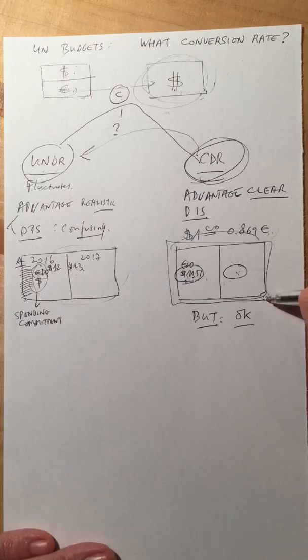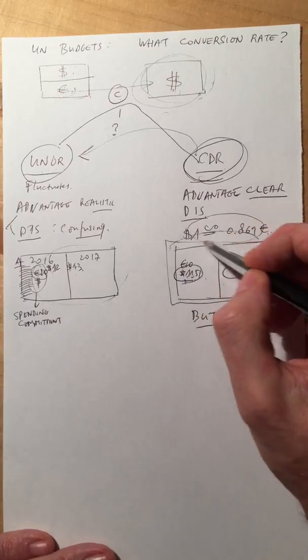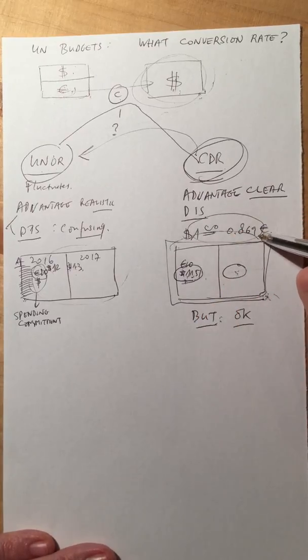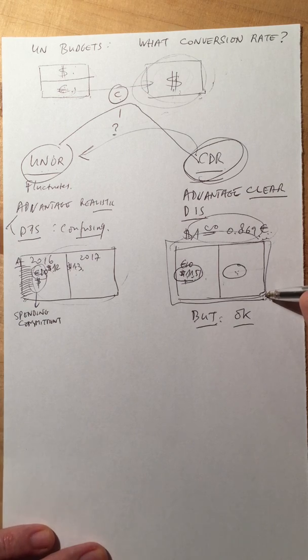And if at that moment this constant dollar rate is too far off the currency values or the conversion rate of the market, then member states will probably say, yes, we want to adapt it, we want to change the constant dollar rate, because we want our budget to be realistic.